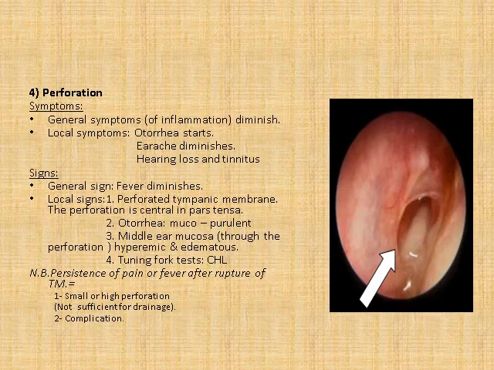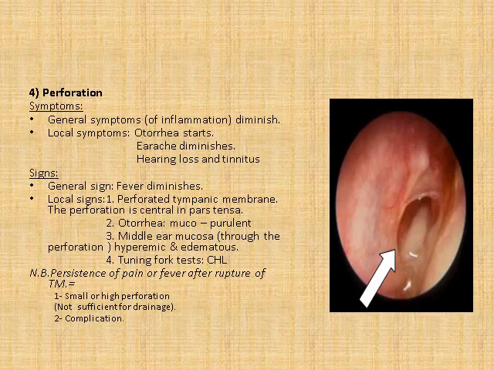The fourth stage of acute otitis media is the stage of perforation. What are the symptoms of this stage? The pressure inside the ear canal, as we earlier said, will cause necrosis and perforation of the tympanic membrane, and thus release of the pus from the middle ear cavity.